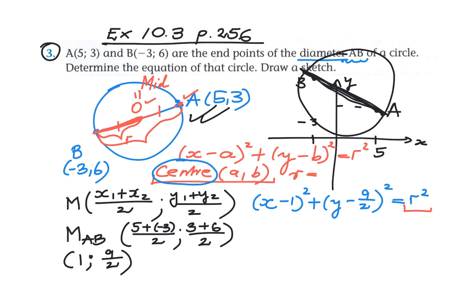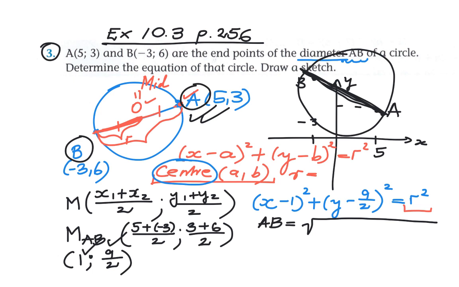I'm going to choose to look for the whole distance of AB. Do you know why? Because I found the coordinates of the midpoint. They were not given to me. So there's always a possibility that I made a mistake in there, where if I use the given points, they definitely have correct coordinates. You can do it both ways.